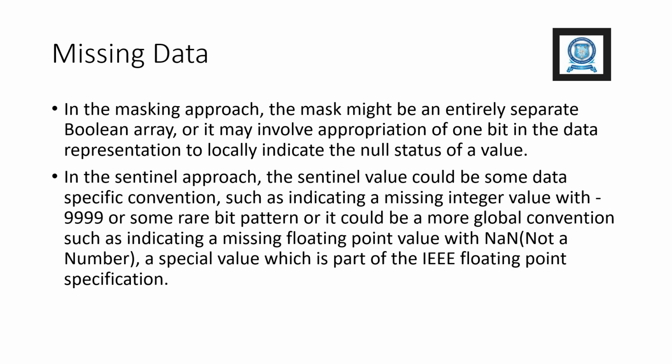In the masking approach, the mask might be an entirely separate Boolean array, or it may involve appropriation of one bit in the data representation to locally indicate the null status of a value. In the sentinel approach, the sentinel value could be some data-specific convention, such as indicating a missing integer value with minus nine nine nine nine or some rare bit pattern, or it could be a more global convention such as indicating a missing floating point value with NaN, that is not a number, a special value which is part of the IEEE floating point specification.